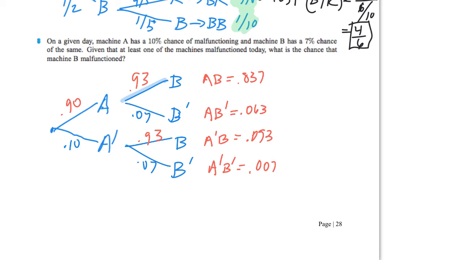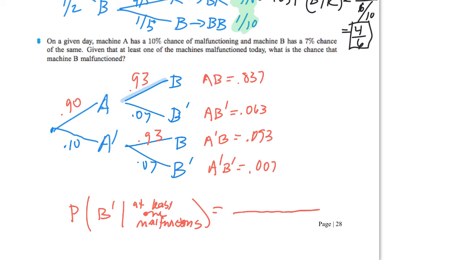All right, so let's think about this. We're looking for, given that at least one machine malfunctions today, what's the chance that it was machine B? So let's look at numerator and denominator. At least one machine malfunctions is the favorable outcomes for the denominator.